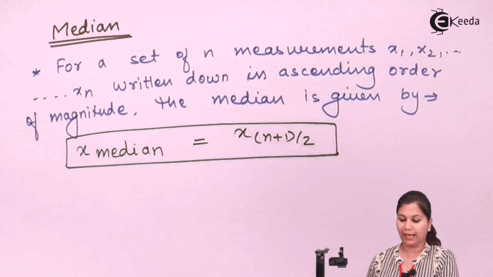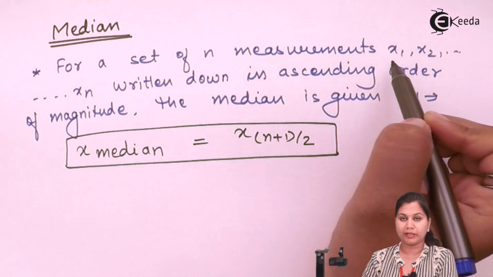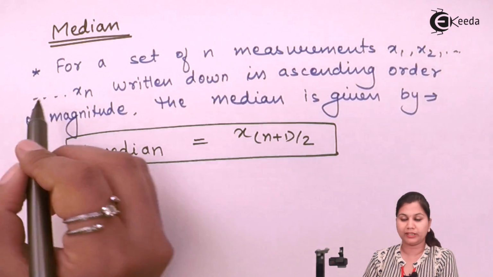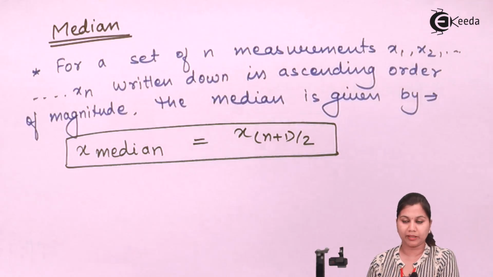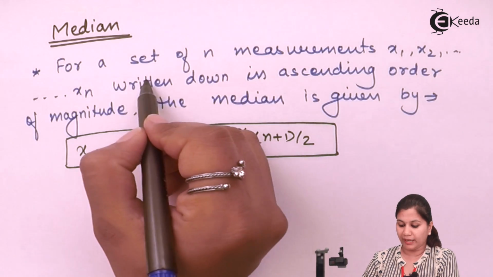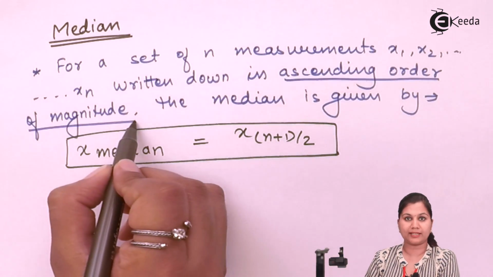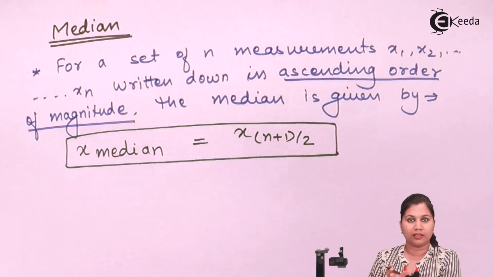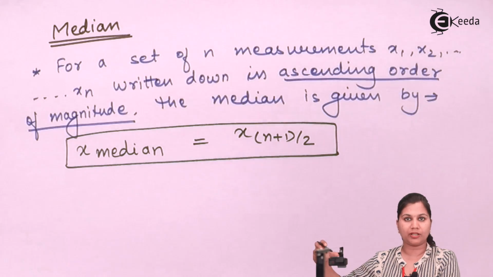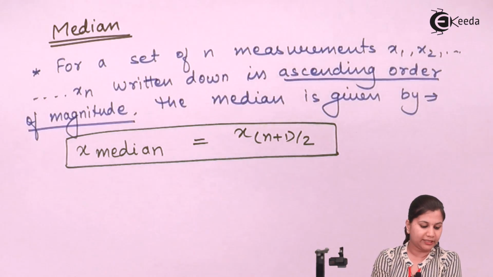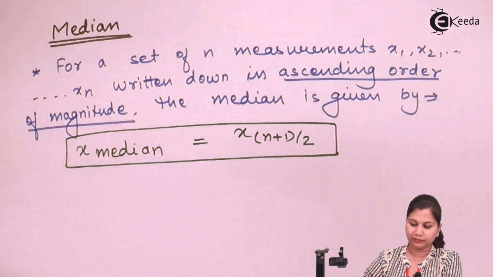Median is defined as follows: for a set of n measurements x1, x2 till xn, when we write all these measurements in the ascending order of magnitude, that is from the smallest number to the larger number, like the readings which we have taken earlier.